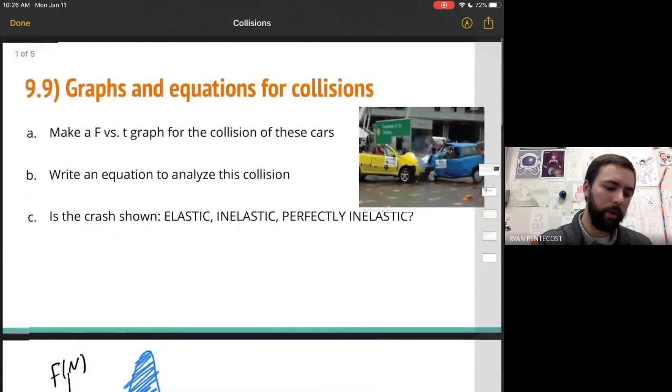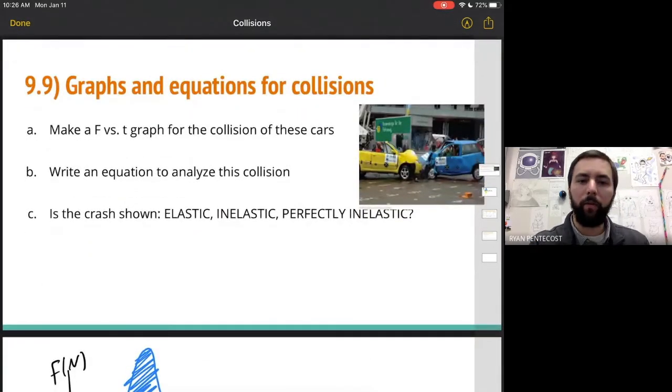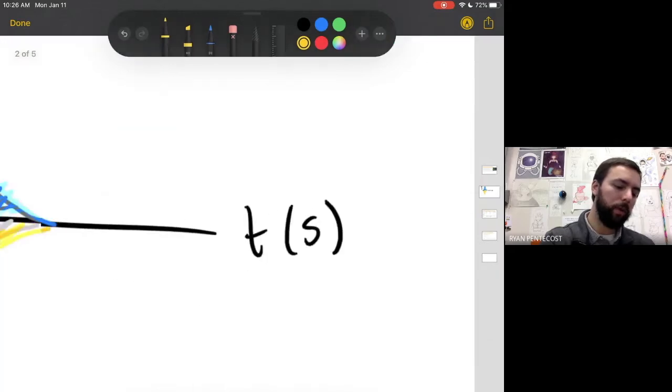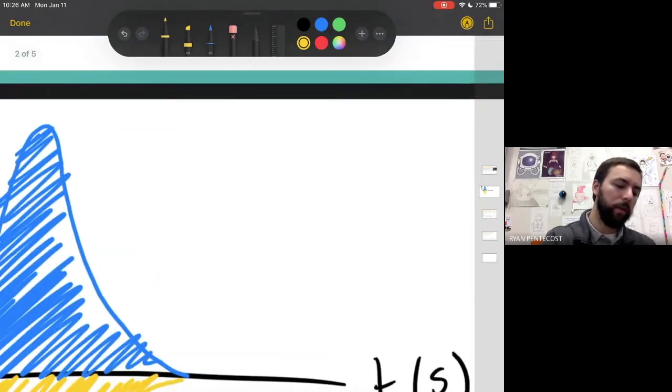Okay, working now. So we've got a force versus time graph for the collision of those cars. Equal but opposite, trying to nail down the point that this is a Newton's third law interaction. Now let's write down an equation to analyze this collision. First, let's show that we have equal impulse.